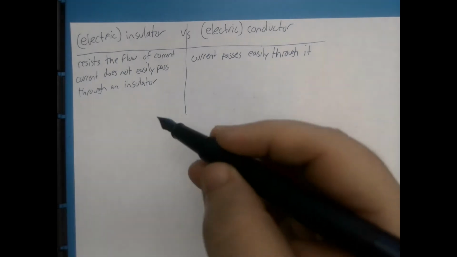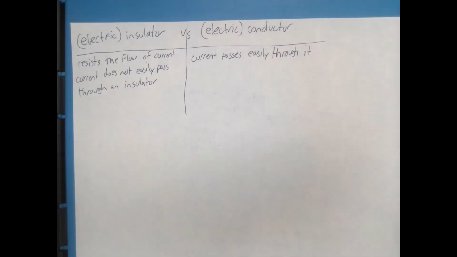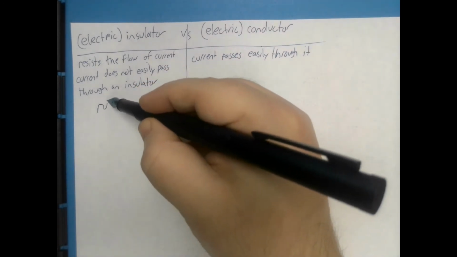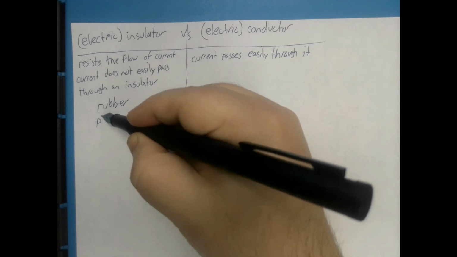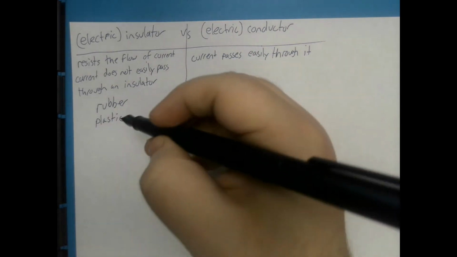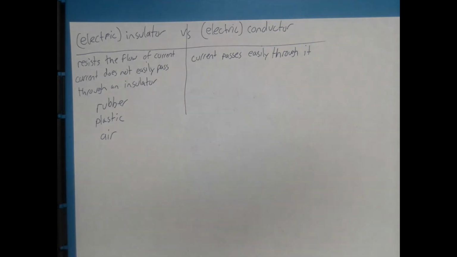So what's some examples of some insulators? And again, referring to only electric insulators. Rubber, plastic, air. Air is a good one. Wood.